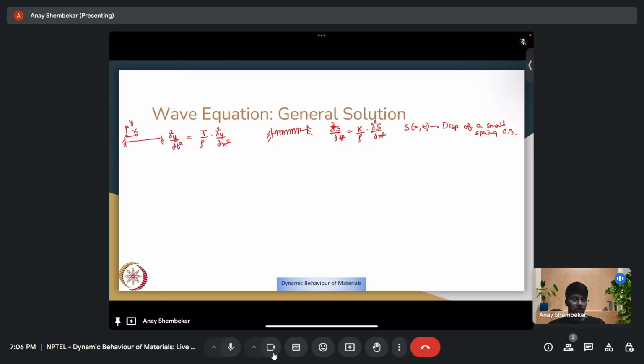Same thing we have seen for elastic wave in a cylindrical bar, which looks like rho ∂²u/∂t² equals E by rho ∂²u/∂x². This is the equation for an elastic stress wave in a bar with a thin cross section.